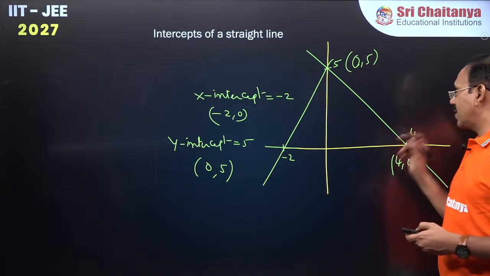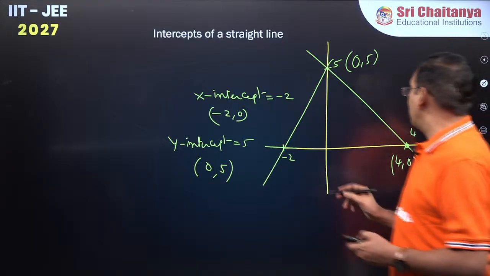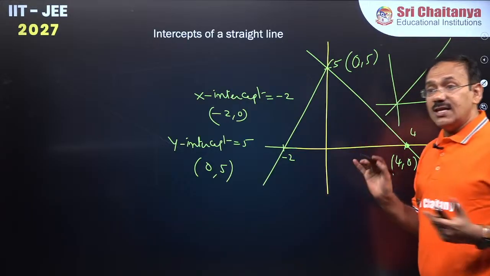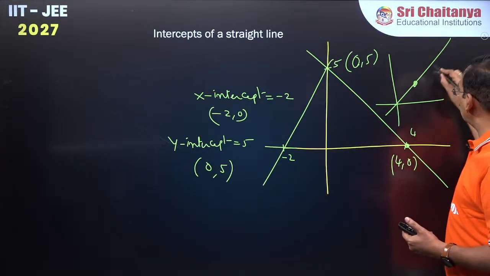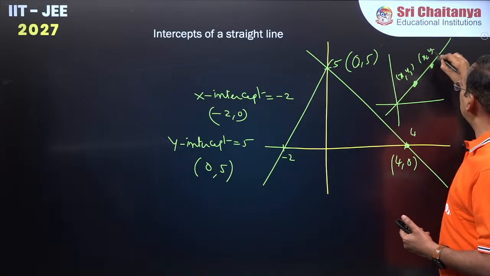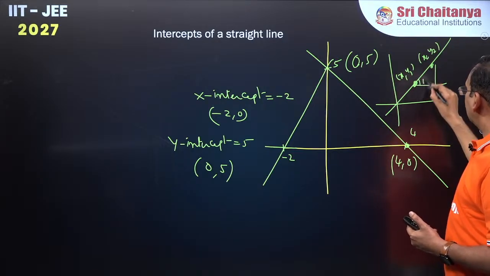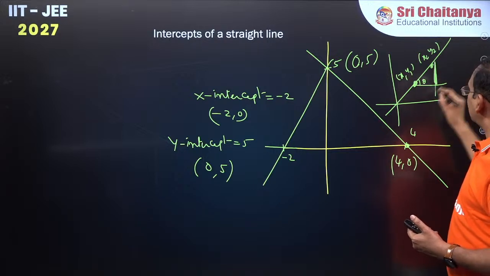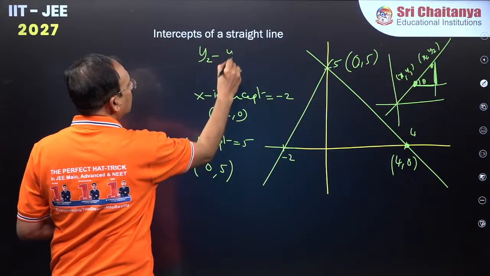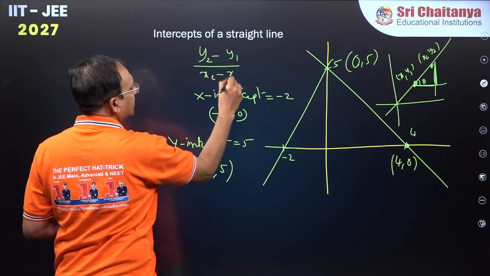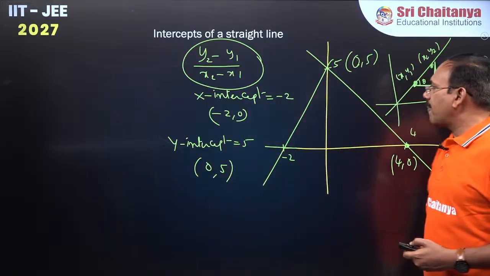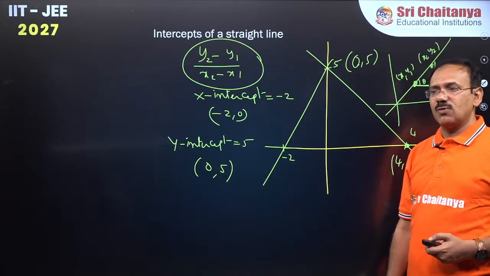Here is one more important point: if theta is not available, but you know two points on the line, say (x1, y1) and (x2, y2), you can still find the slope. The slope of that line is (y2 minus y1) by (x2 minus x1).